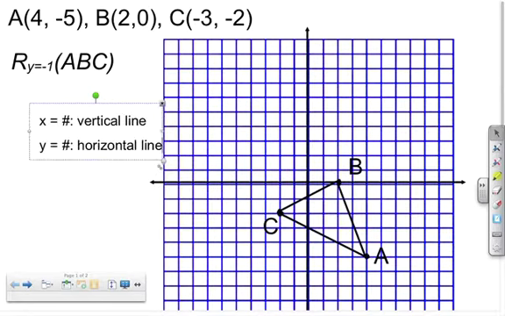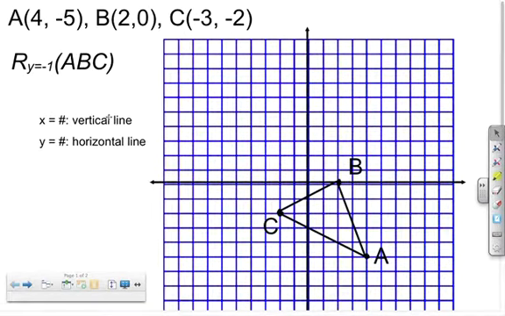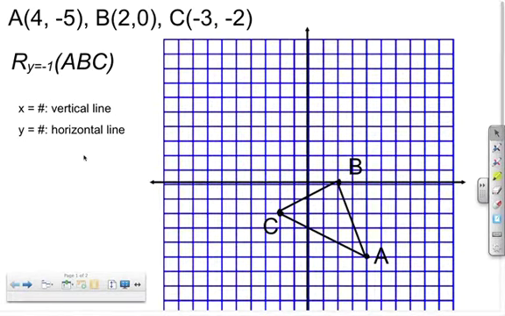Okay, so we have talked about this before. So y equals -1 is going to be a horizontal line. And if I get my crayon, y equals -1 is a horizontal line passing through here.